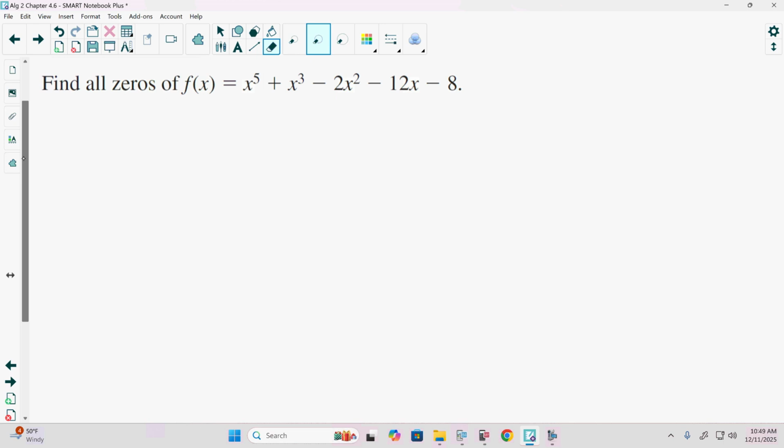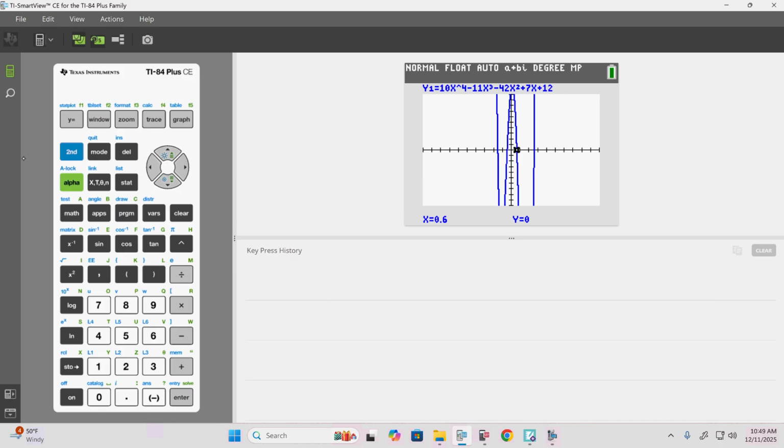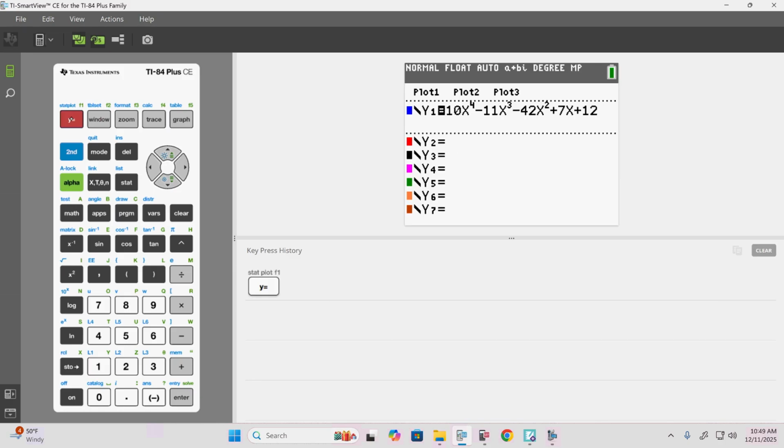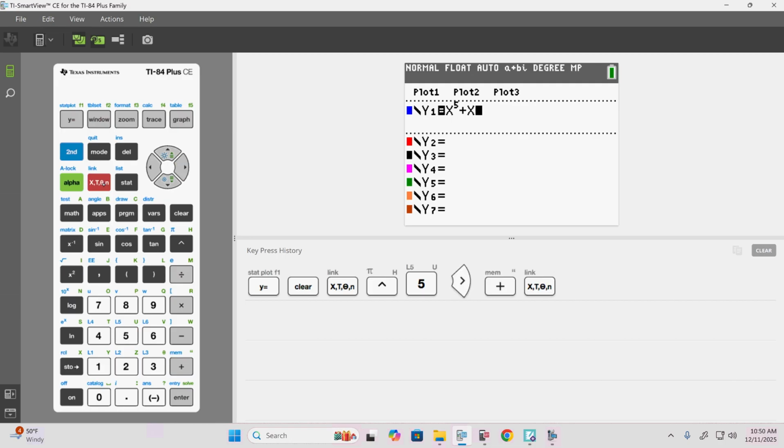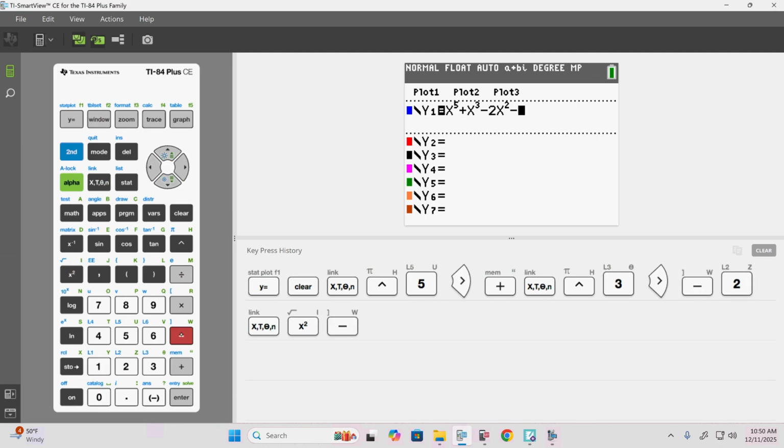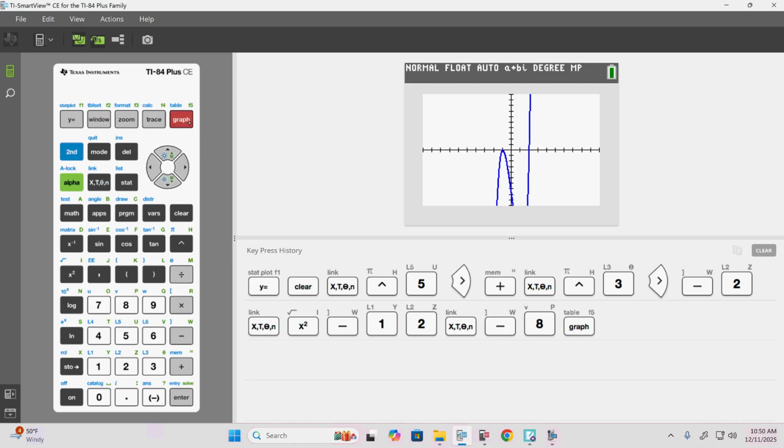So the first thing I would do is graph this. Grab the graphing calculator, hit y equals. Let's clear that out. x to the 5th plus x cubed minus 2x squared minus 12x minus 8. And we're going to graph this here.